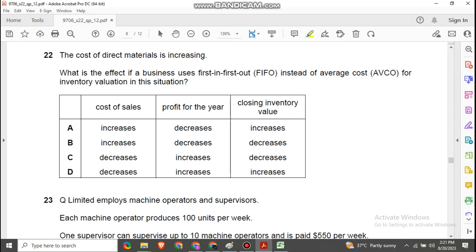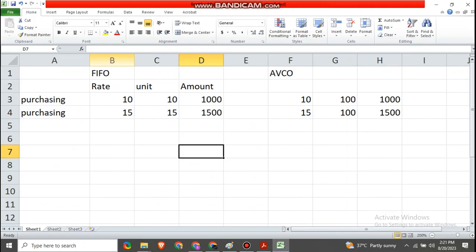So to understand this, we will take an example of the following table here. Let's say as per the first in first out method, we are purchasing 100 units at a price of 10, which is 1,000.